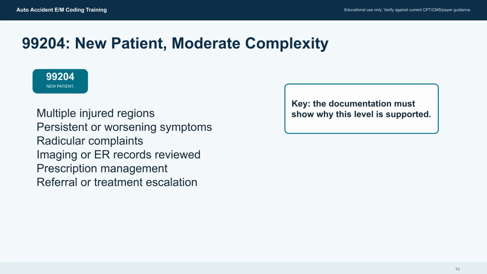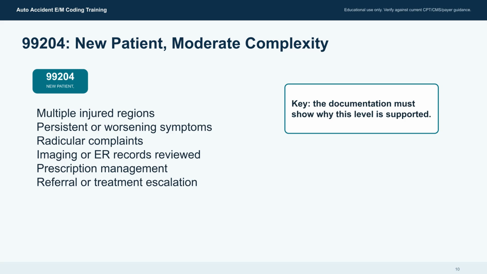A 99204 represents moderate medical decision-making. This may be appropriate for a new auto accident patient with multiple injured areas, such as neck pain, low back pain, headaches, and radiating pain into an arm or leg. The provider may review emergency room records, X-rays, MRI findings, or prior treatment records.